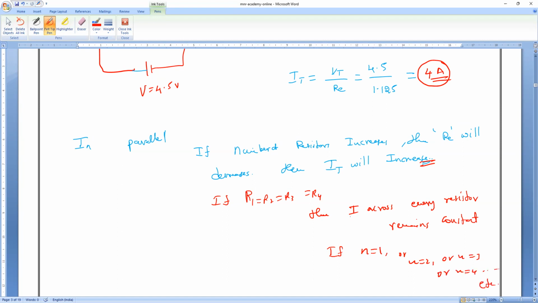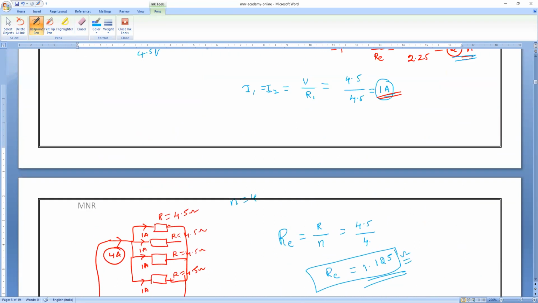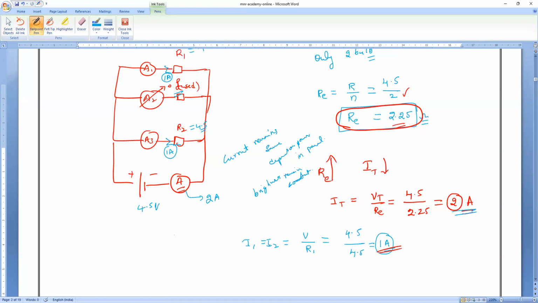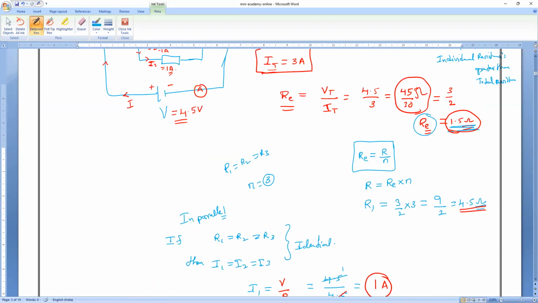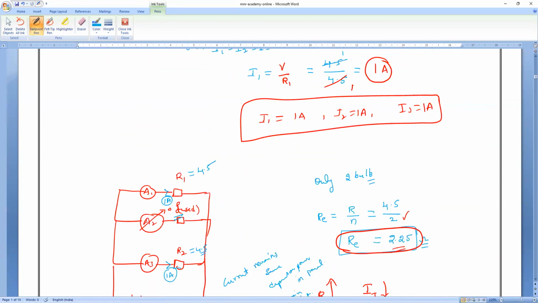For any R value, the I value remains constant. That is what you have to remember. So brightness remains the same. You connected 4, same brightness; 3, same brightness; 2, same brightness; even 1, same brightness.